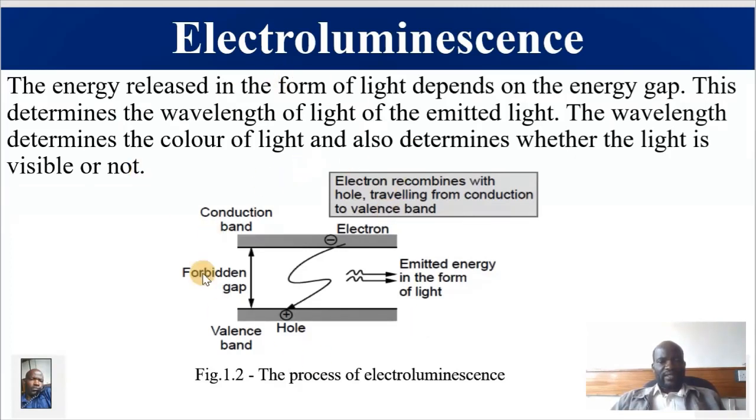But the most important thing is that you must be able to draw this diagram and show the conduction band, valence band, the forbidden gap, an electron being negatively charged in the conduction band, and then a hole in the valence band. So this electron is going to escape from there and occupy a hole, and in that process it is going to emit light.